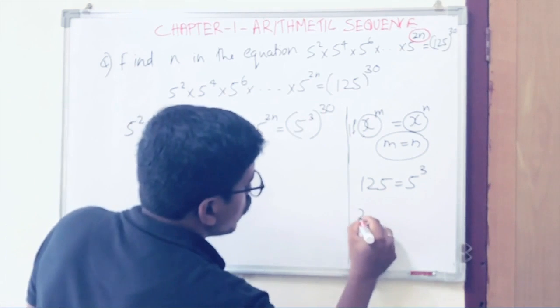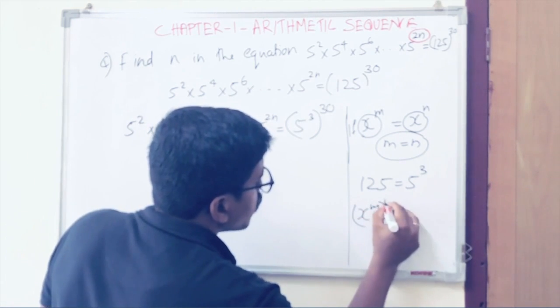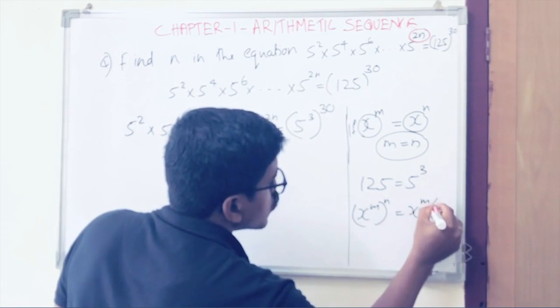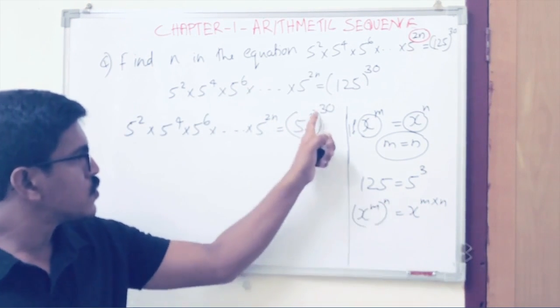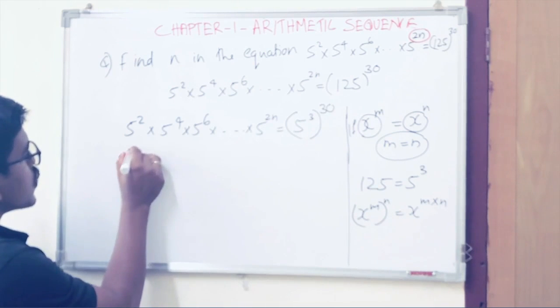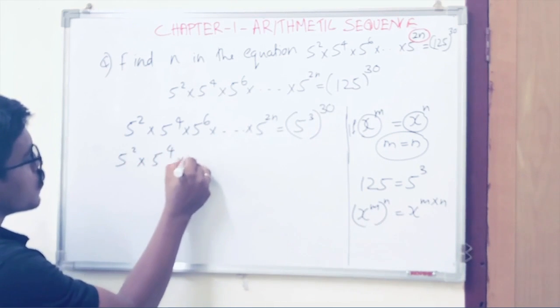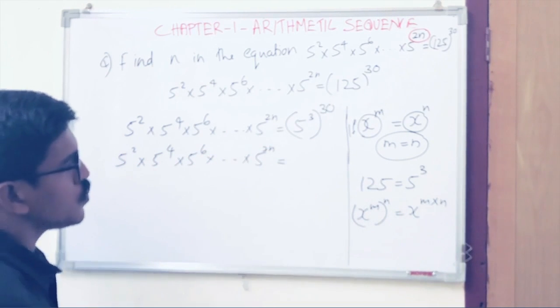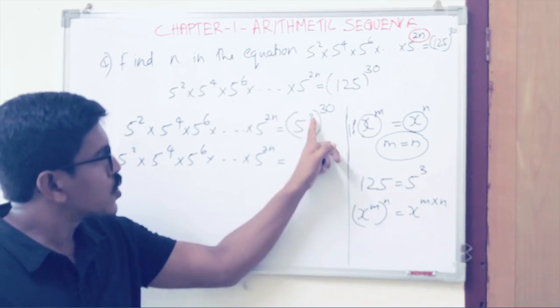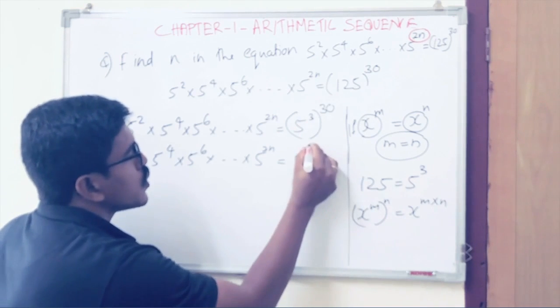Now all of you studied that x raised to m, raised to n, is equal to x raised to m into n. We can multiply the powers. So I can rewrite again like this: 5 square, 5 raised to 4, 5 raised to 6 into 5 raised to 2n is equal to 5 raised to 3 into 30. That is 5 raised to 90 will come.